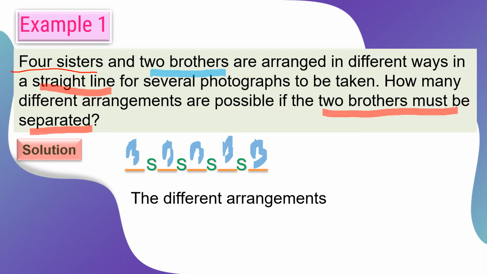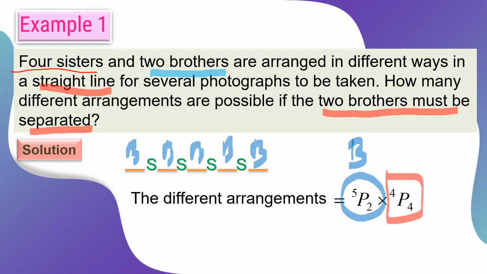How to calculate? 5P2 refers to the brothers: there are 5 places, and we only have 2 brothers. Multiply by 4P4, which refers to the sisters. When you calculate, the answer is 480.